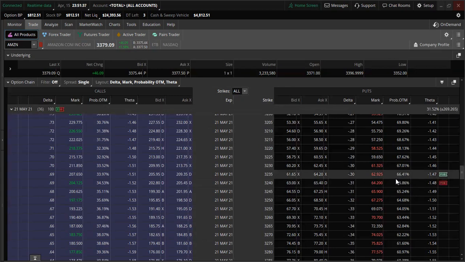And if we look at the calculation, it gives you right here a 65.86% chance of expiring out of the money. Now, of course, this is not 100% accurate, but anytime that you can give yourself over a 50 or 60% chance of something happening, you put yourself at a greater probability of it being able to reach that goal.